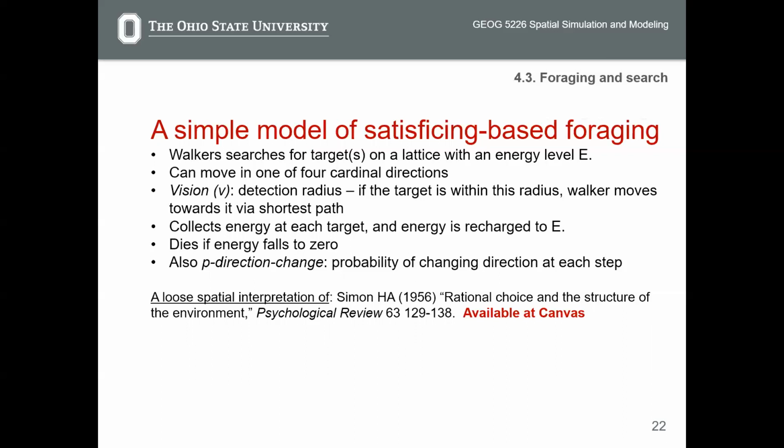If you set this value to 1, it means that at each step, the walker will change direction. Of course, you can make it random, right? You can choose a random direction from north, south, west, and east, but there will be a change of direction if you set this parameter to 1. Okay, so here we have the rules for this model.